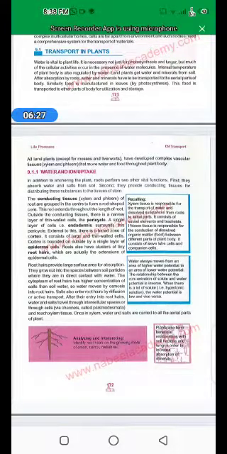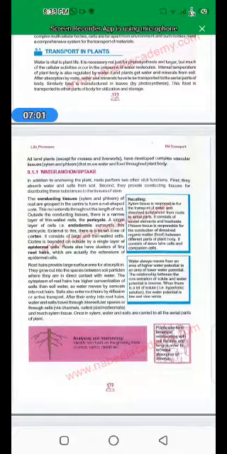Now there is a box on the side in which we can write the question: what is the difference between xylem and phloem? We will put a column. On one side we will give the heading xylem tissue, and on the other side phloem tissue. Xylem tissue is responsible for the transport of water and dissolved substances from roots to aerial parts.